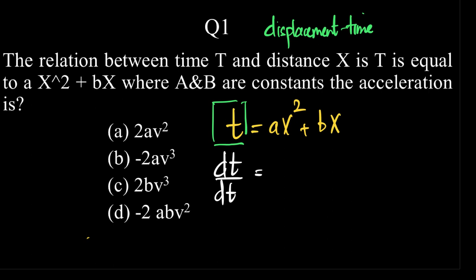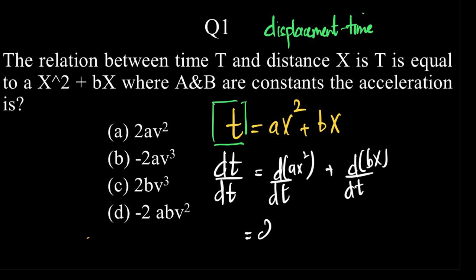Mind you, guys, when we say derivative of ax² with respect to t and derivative of bx with respect to t, it is not 2ax. Then what is it? It is basically 2ax times dx/dt.